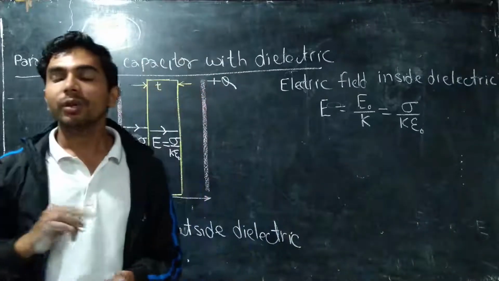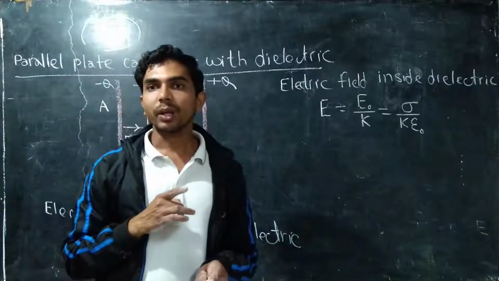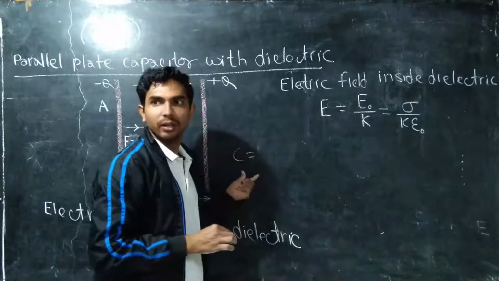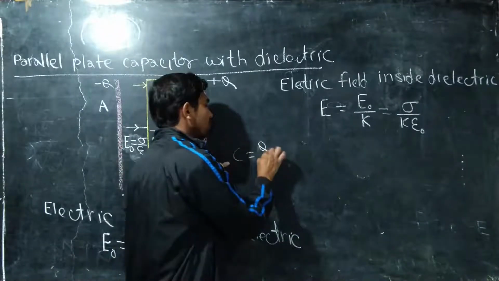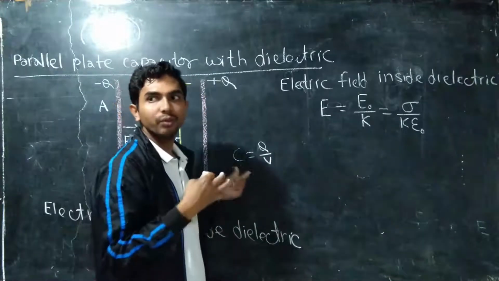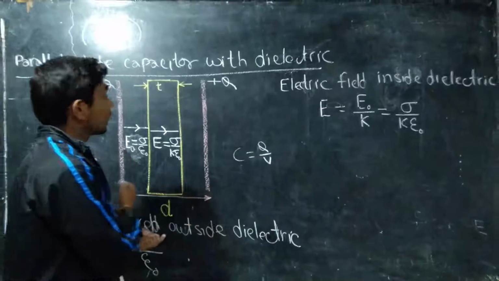Now actually we are going to calculate the capacitance of the capacitor. Capacitance means C, and C is Q by V, right? Actually we are going to calculate the capacitance of a parallel plate capacitor with dielectric.